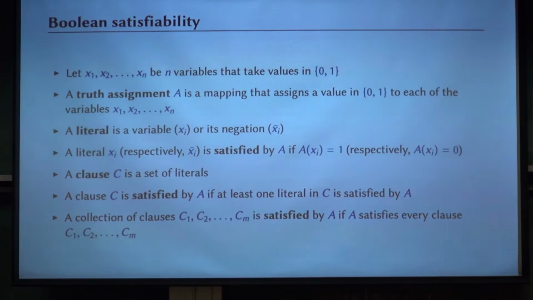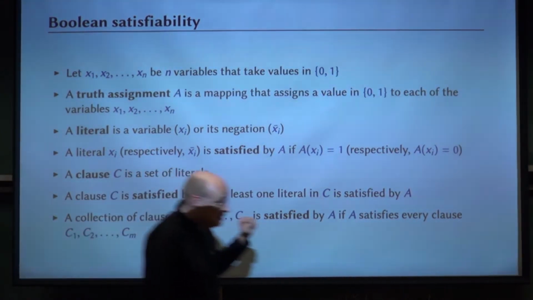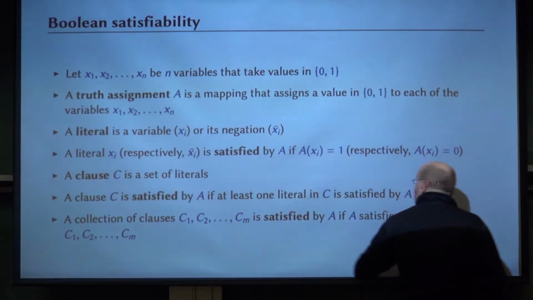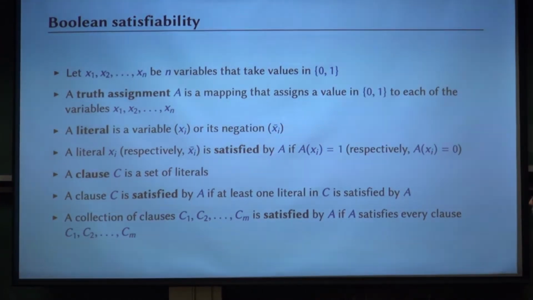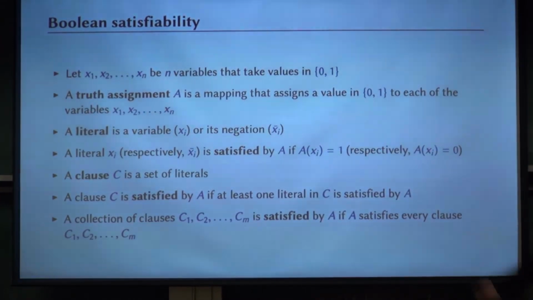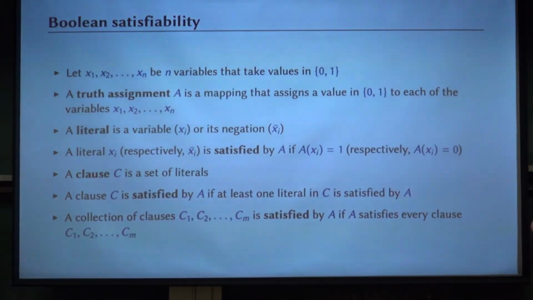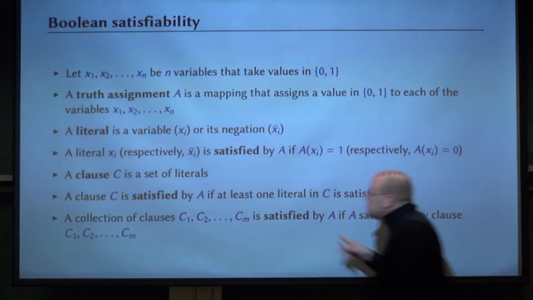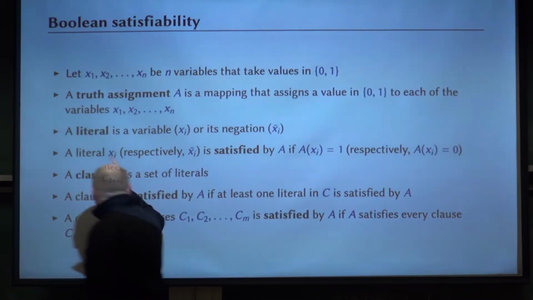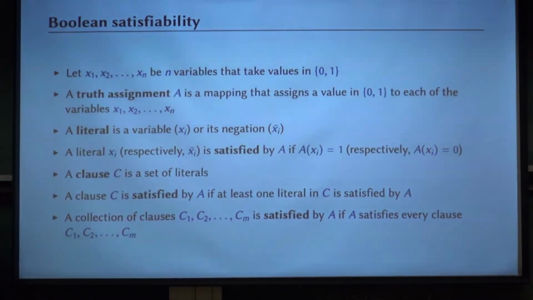So how do we define satisfiability? What does it mean to satisfy a particular formula such as a literal? It's satisfied in the positive sense if a truth assignment assigns the true value to it, and in the negative sense if it's assigned a false value, as we know. And a clause is a set of literals, so variables or their negations.